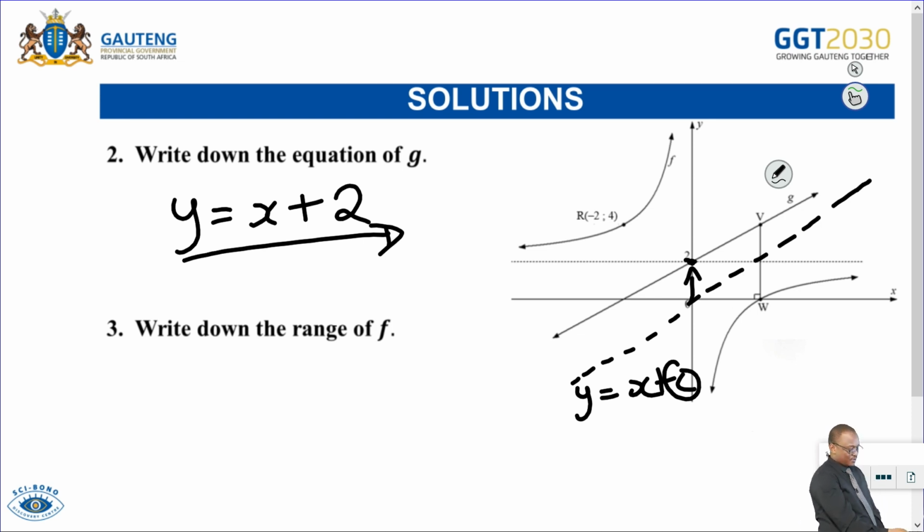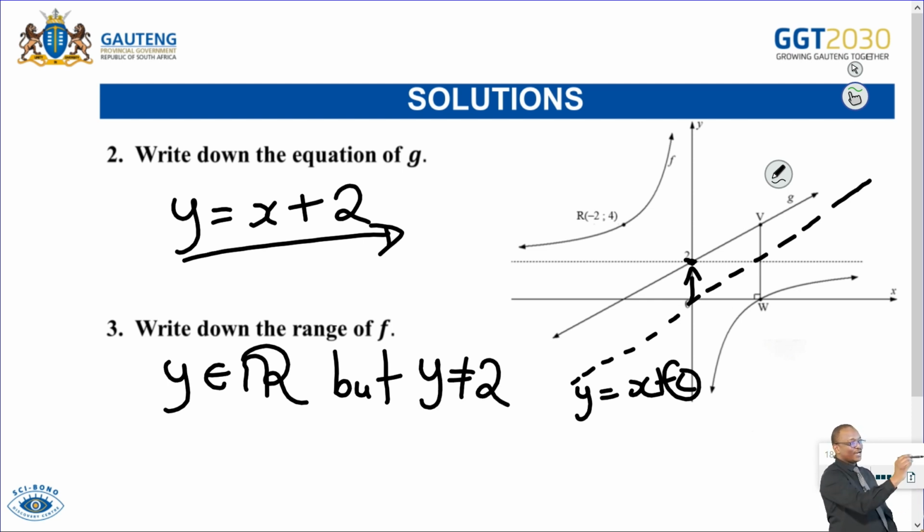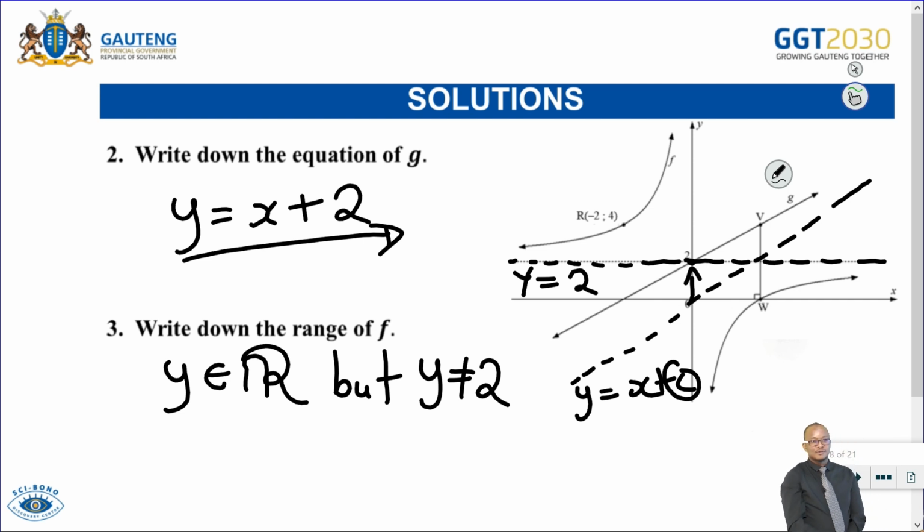So now, in this case, when you're talking about y values, you want to say first, y is an element of all real numbers. But y can't be your asymptote. Remember, asymptote is something that is not defined. Asymptote, you can't define the asymptote.